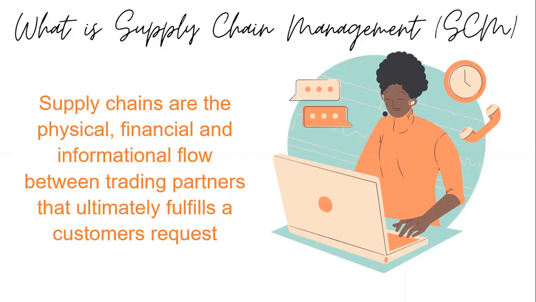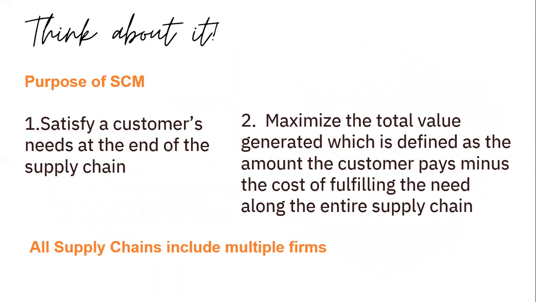It starts right at the beginning, and then it ends where it meets the demand of a customer. So it is very important for you to be very comfortable with the definition of supply chain management, and to understand the flows and the final destination of the products.